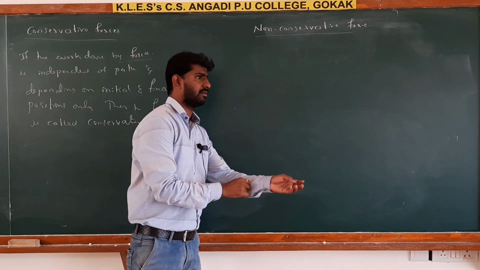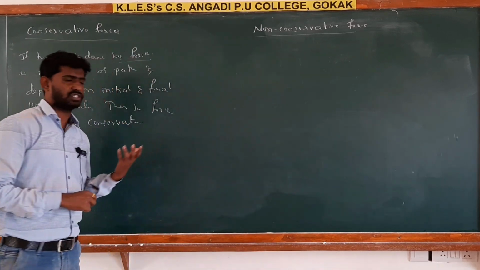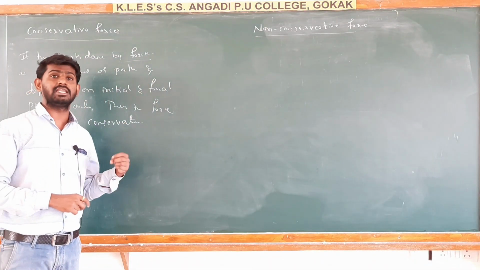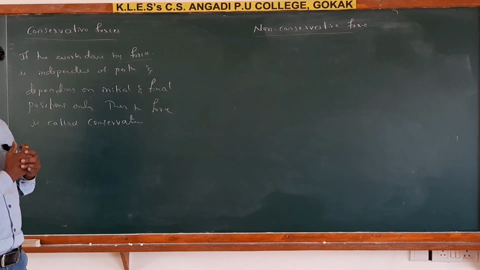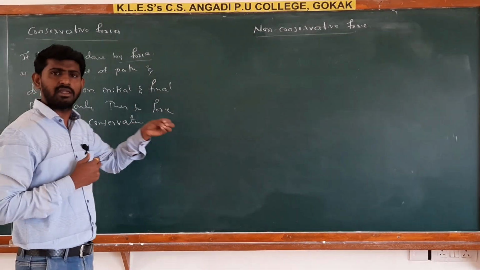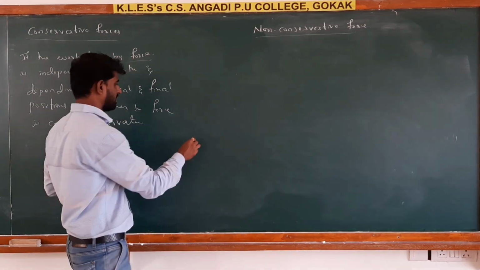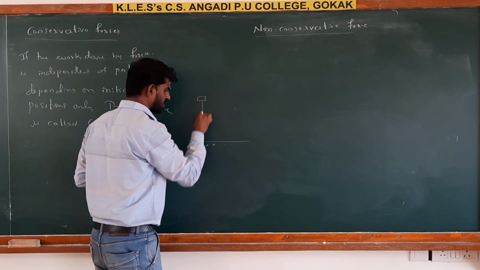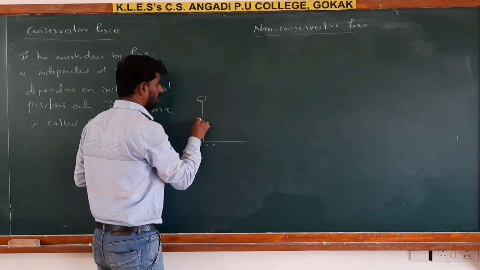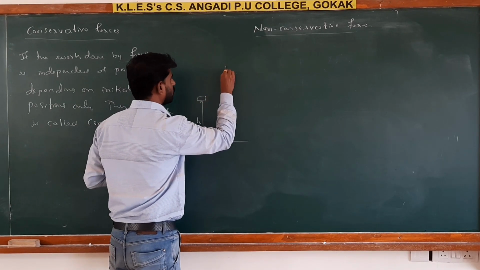What does it mean? There is work done by a particular force and it is independent of the path followed. What is meant by depending on initial and final positions only? Take this example. This is the ground. The body is initially at height h1, and finally it reached height h2.